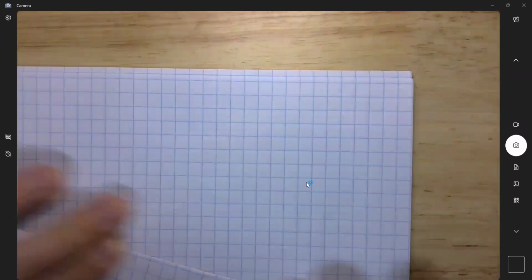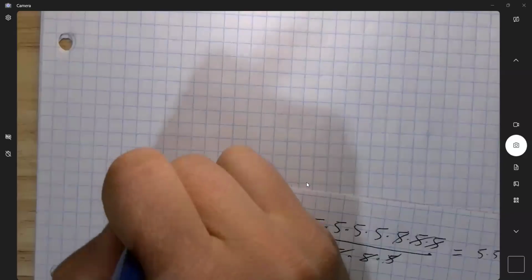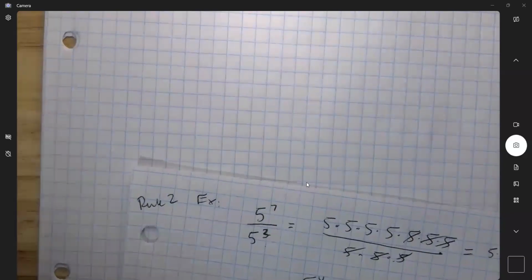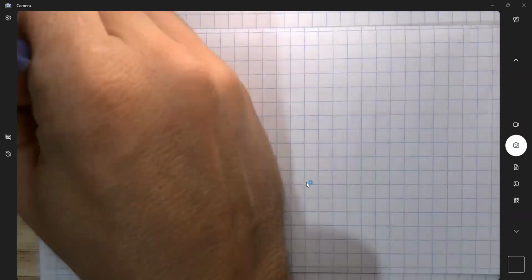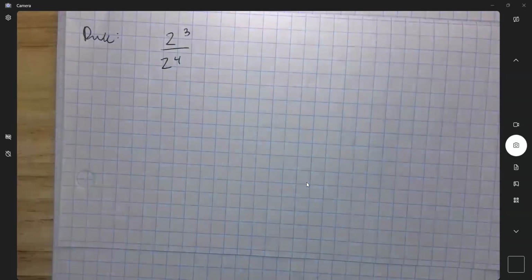Now, this rule actually leads us to another really helpful rule for our exponential notation. Here's rule 2. Our next rule comes from the following example. What if I have 2 to the third divided by 2 to the fourth?